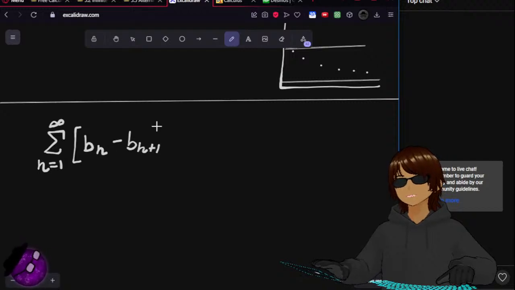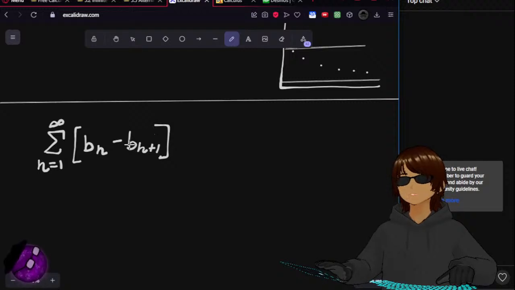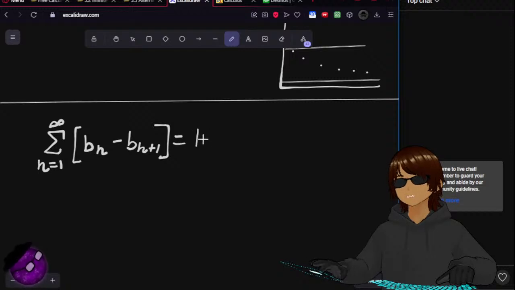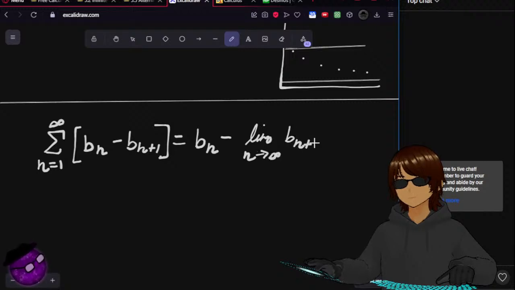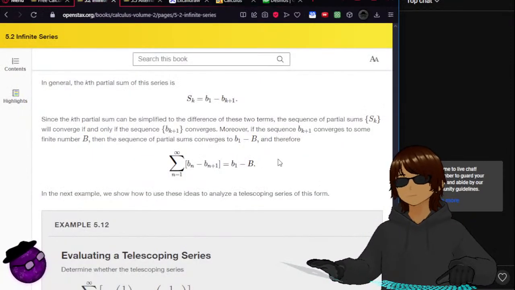So the first term minus the next term, if we sum it, b2 will cancel out with plus b2 in the next term. So we are left with b1 minus whatever it converges to. That's the capital B here.